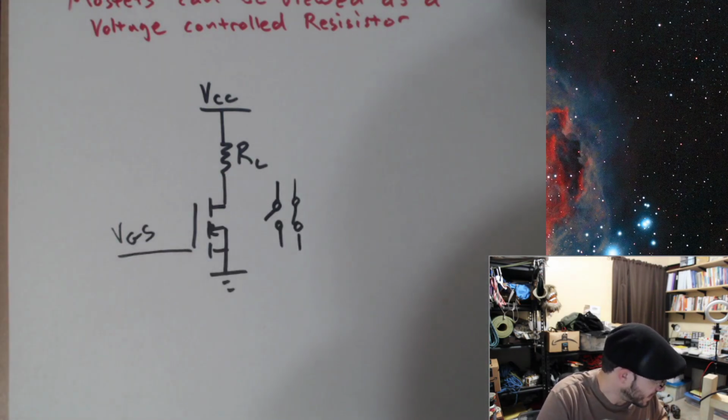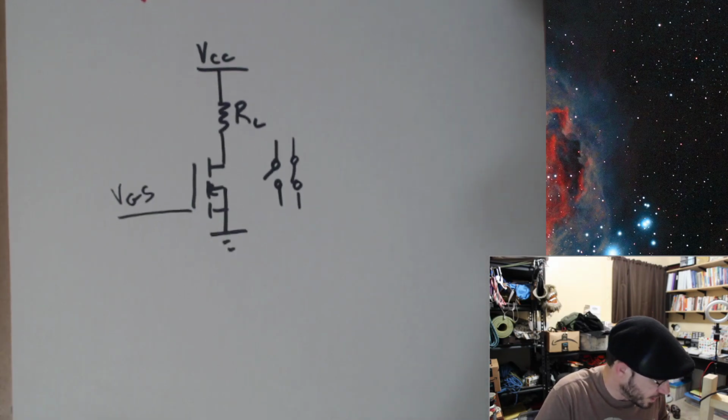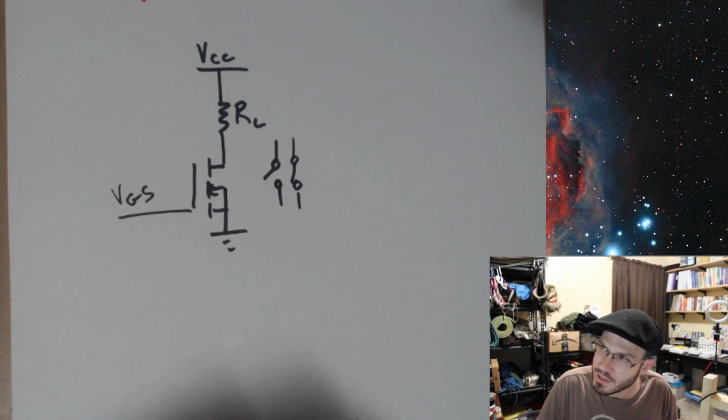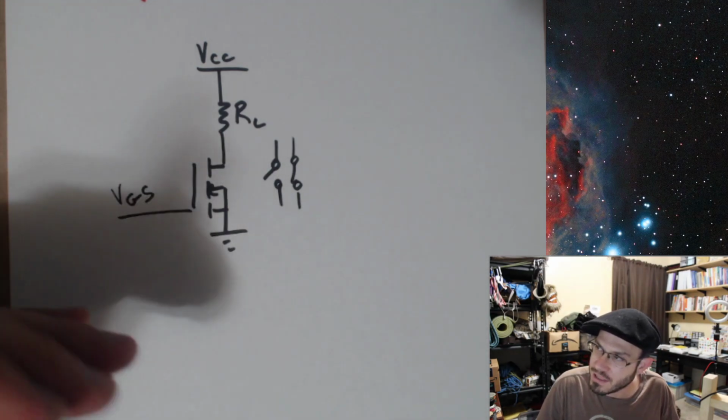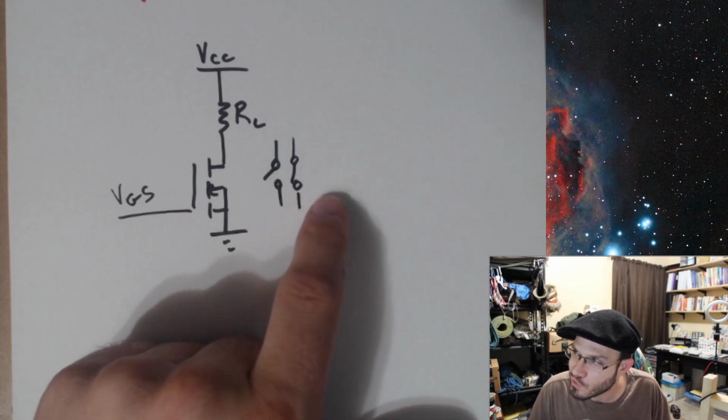Now, we're going to need some parameters. We already talked about the gate source threshold voltage. That's the voltage that VGS must exceed to get this to behave like a closed switch.